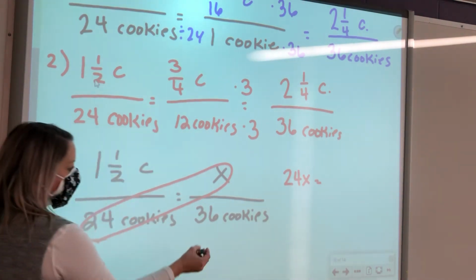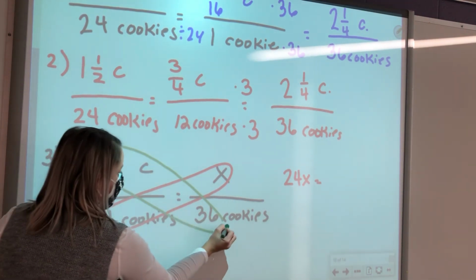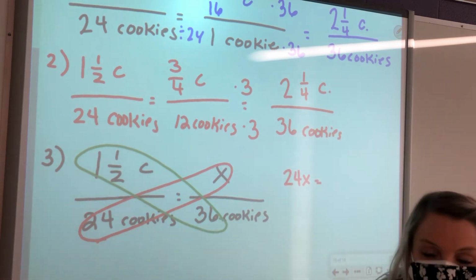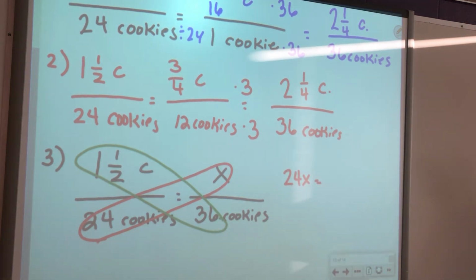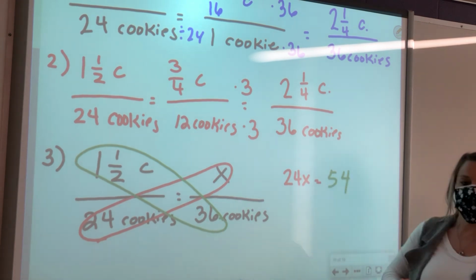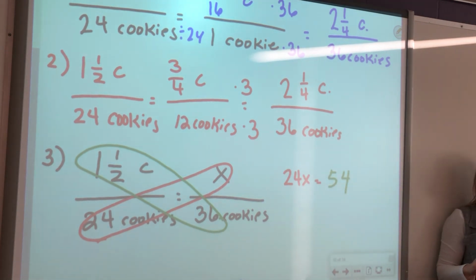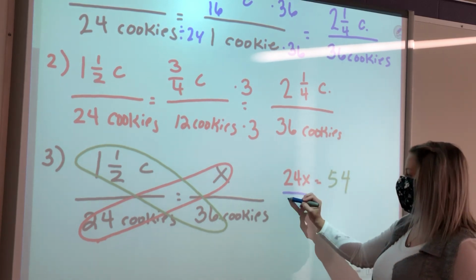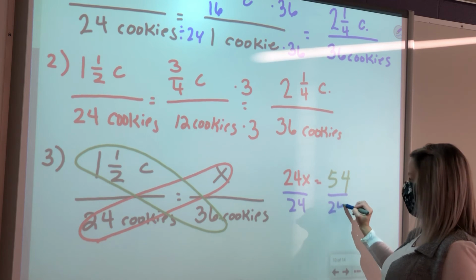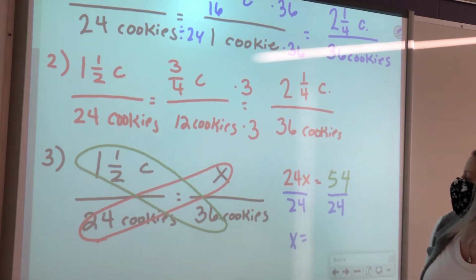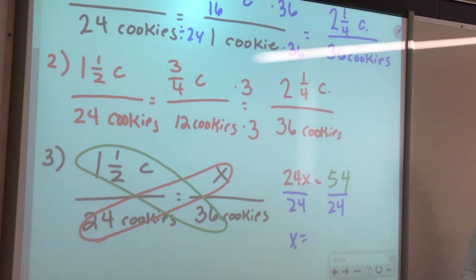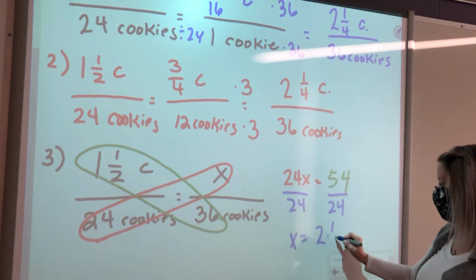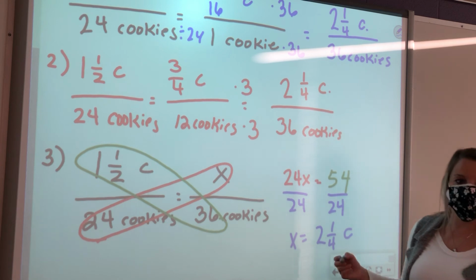And 36 times 1.5 gives me 54. Now I know that 24 is being multiplied by X, so I divide both sides by 24. 54 divided by 24 is 2 1/4.